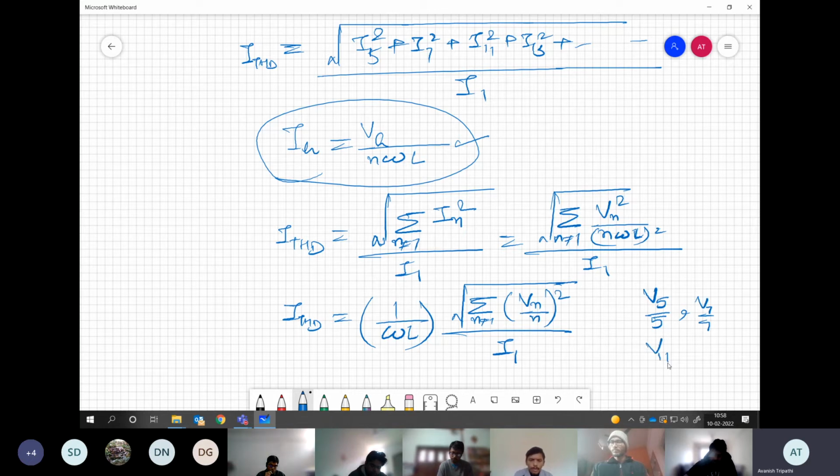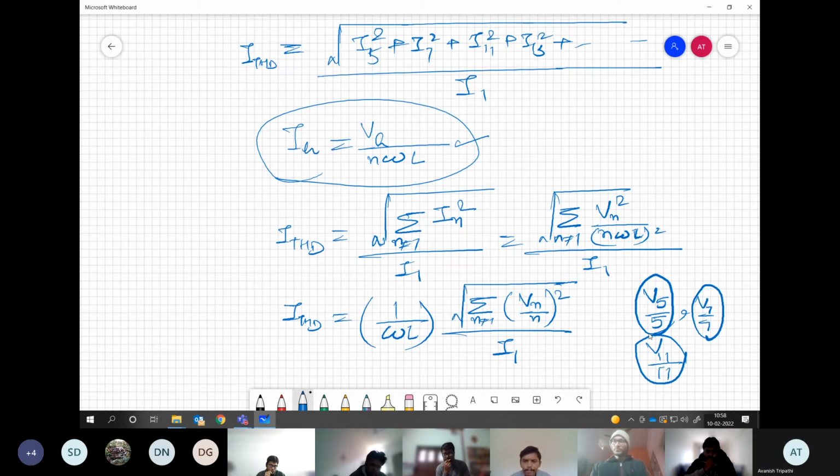If we talk about the 11th harmonic, it is weighted by 1 by 11. So we are giving more importance to lower order harmonics compared to higher order harmonics. Understanding my point? So definitely a better way, because this is what we should have, because these harmonics are more dominant, more harmful.